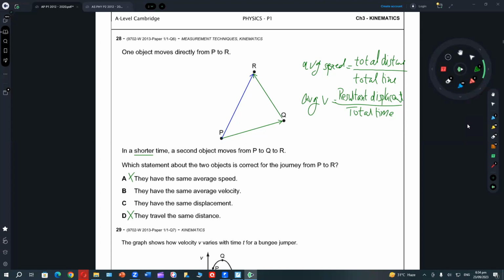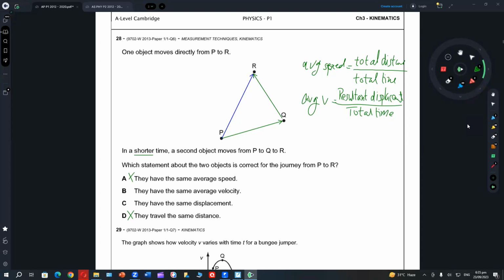So we have a tie between B and C. Now here you have to take the sense of A level, because both of them are possible, frankly speaking. Average velocity can also be the same, but that word is used in a shorter time. The time is same or not? No, sir. Time is shorter. When time is not the same, then average velocity is also out of the discussion.